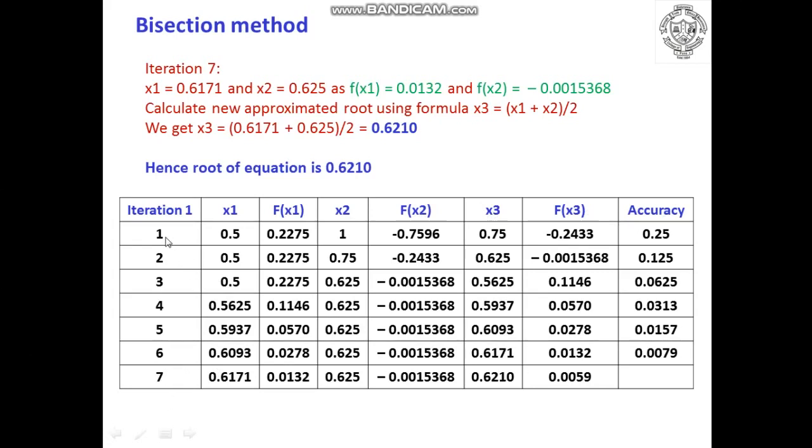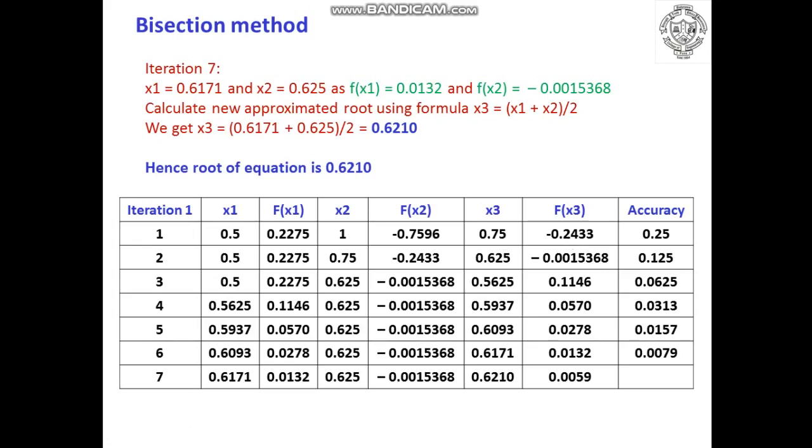Now if you see, for the first iteration the value of x1 was 0.5 and x2 was 1. For the respective functions, f of x1 is positive, f of x2 is negative. When we find the midpoint between 0.5 and 1, the answer is 0.75 and the respective function is negative.